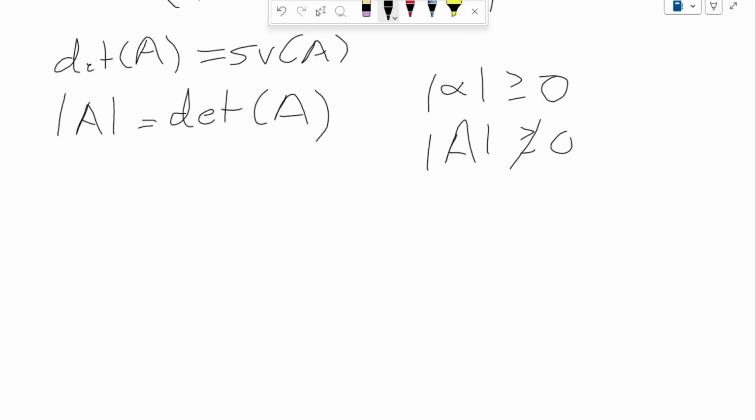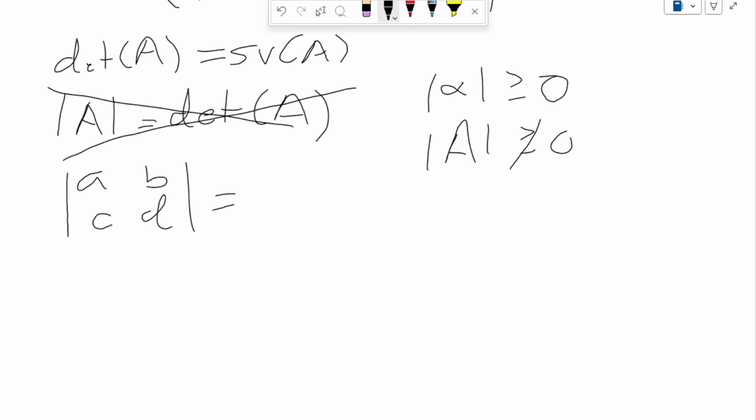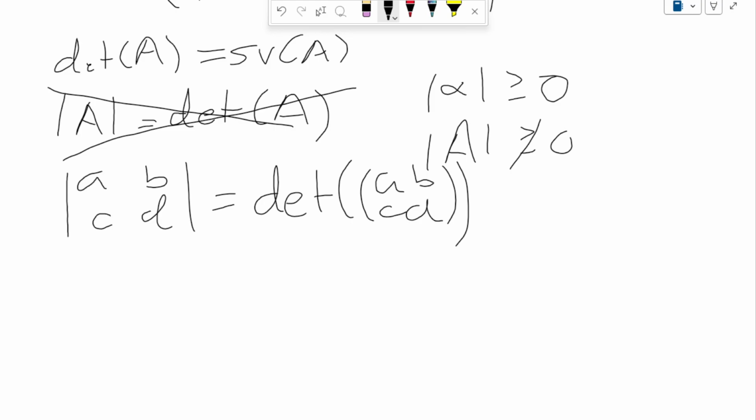So that's one way of thinking about it. I will basically never use this notation. However, when I am explicitly writing the matrix out, I might. And what I mean by that is this here with the straight sides, this is the determinant of the matrix A, B, C, D. So I'll use the straight sides when writing out the matrix, but I'll never put the straight sides next to a matrix.